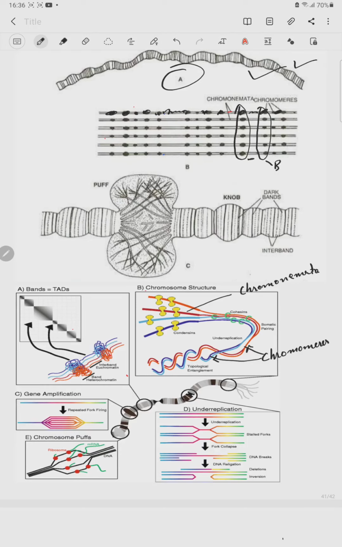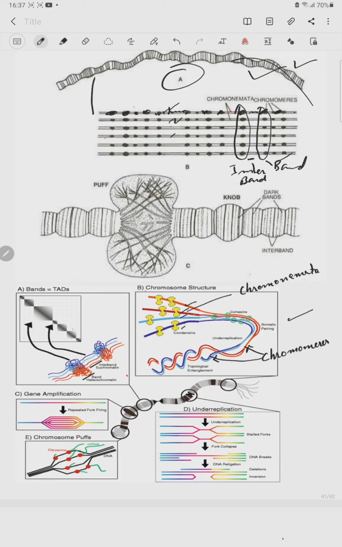It is band and it is interband. You see such structure at this site.